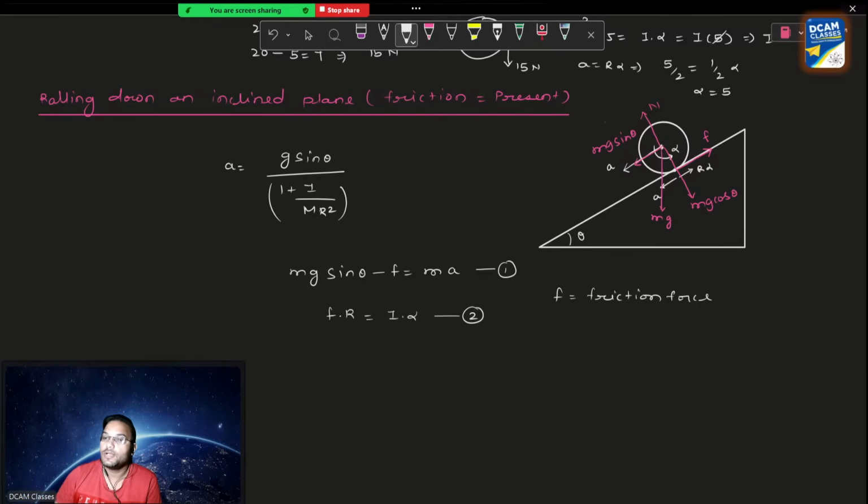Now, because it is rolling without slipping, I can make another equation also: a is equal to R alpha. Solving these three equations, you should get a is equal to this only. Let me show you how we get it.